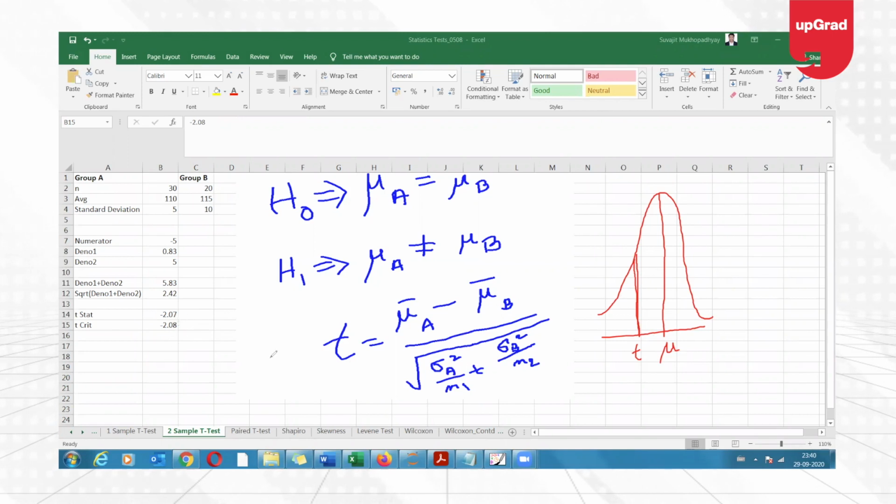So in this case I do not have enough evidence to reject the null hypothesis. In this case I cannot reject the null hypothesis. I hope this is clear.